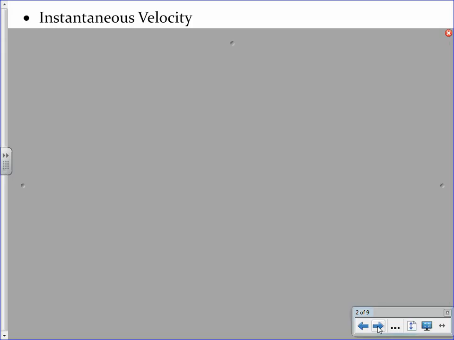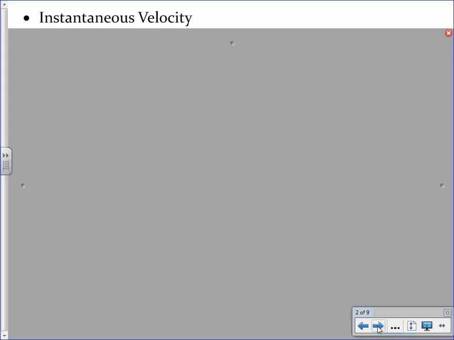Distance over time with a direction. Okay, so speed doesn't have a direction, velocity does, right? Okay, distance over time. Does that sound familiar?